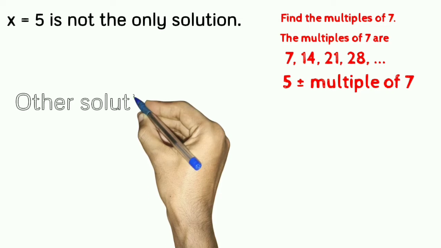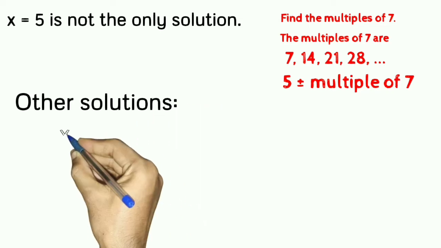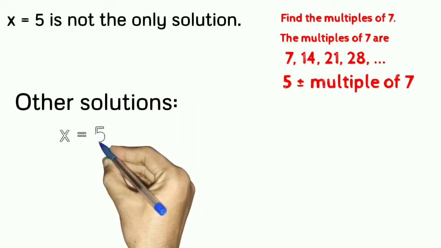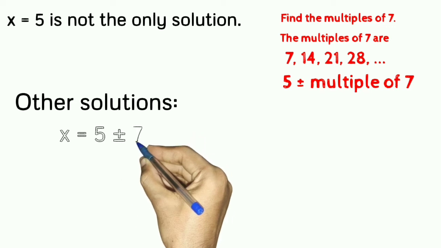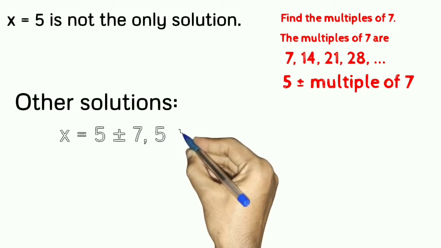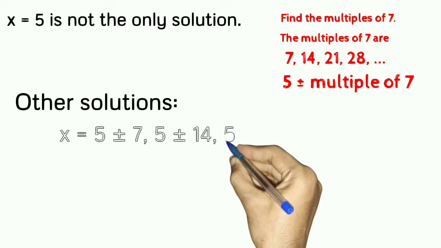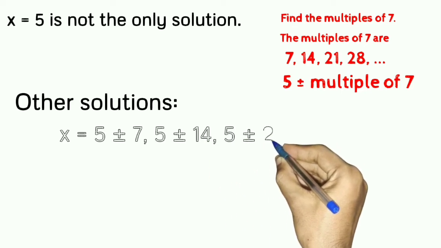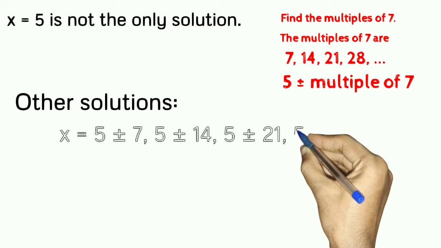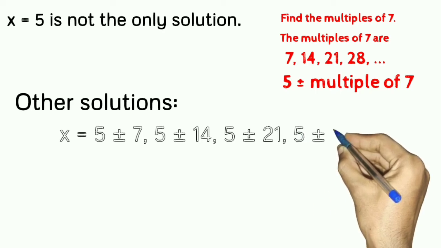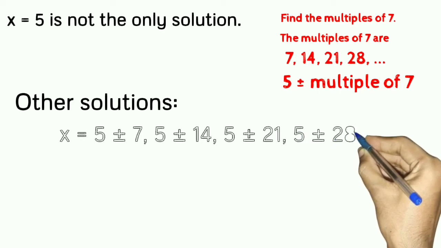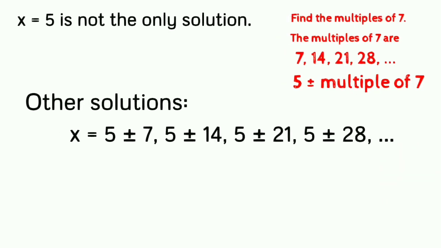Meaning to say, ang other solutions natin aside from 5 ay 5 plus or minus 7, 5 plus or minus 14, 5 plus or minus 21, 5 plus or minus 28, and so on.